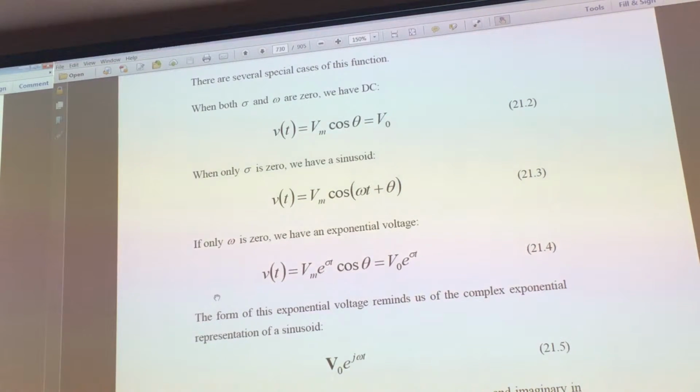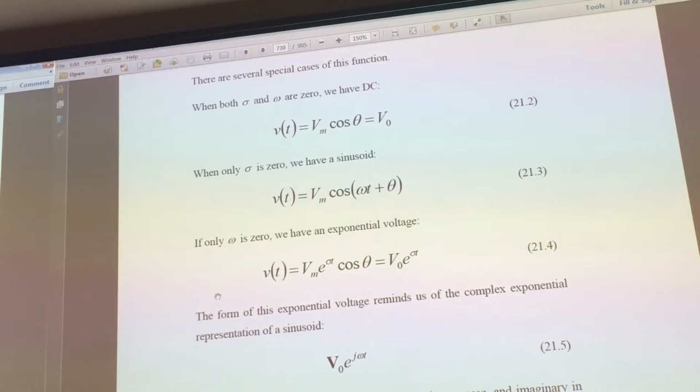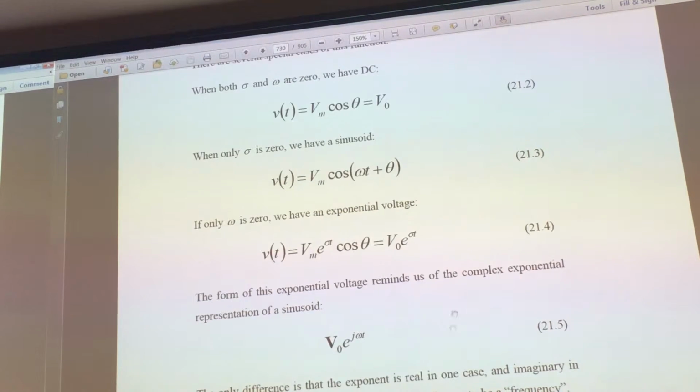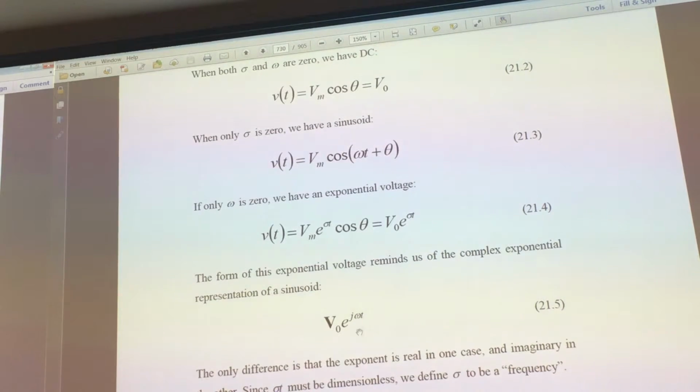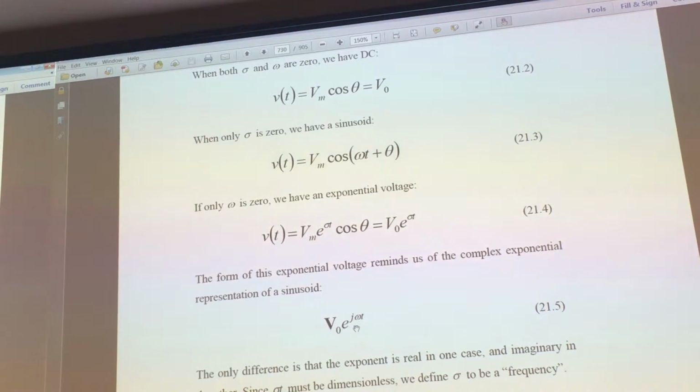So depending on the values of sigma and omega, we can create different types of signals using one general expression. We've seen already this kind of expression when we had the magnitude and e to j omega t component.